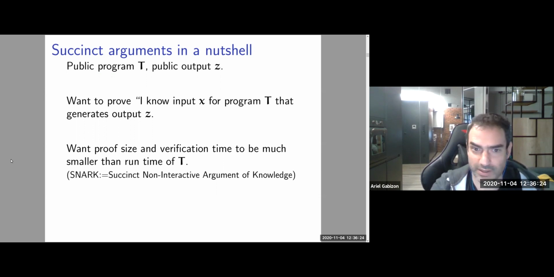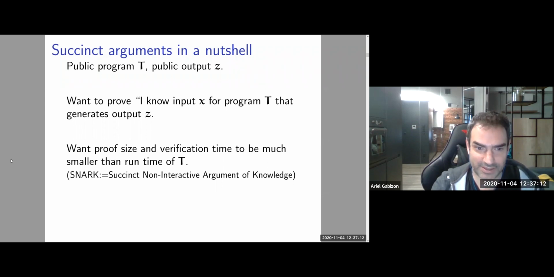But two things: the size of X might be as large as the running time T, and verifying the proof this way will require executing T. Of course, we might also want to prove knowledge of X without leaking X, and doing it this way will leak all the information about X. So we want proofs of statements like this, where the proof size and verification time are much smaller than the runtime of T.